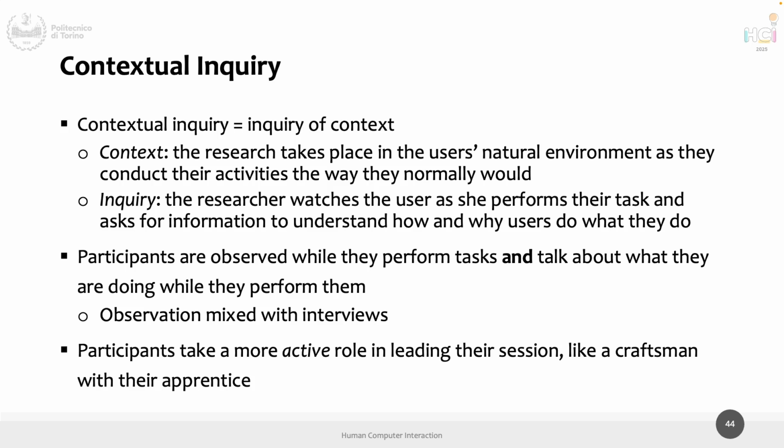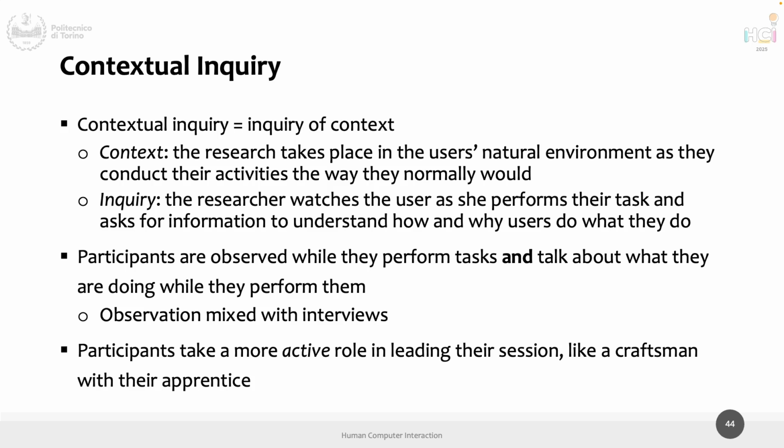The idea is that I'm looking at them, I'm listening to what they teach me so that I can learn how they do things, why they do things, in which order, in which timing, with which tools, etc. So this is a mix of interviews and observation.